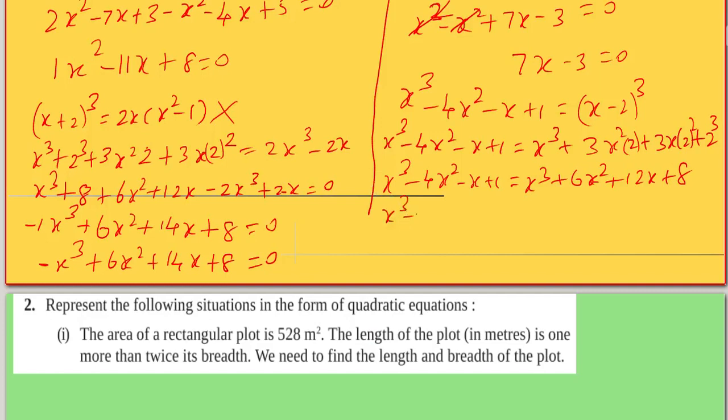So x cube minus 4x square minus x plus 1, and here it will be minus x cube plus 6x square minus 12x plus 8 equal to 0. So this x cube will get cancelled. The remaining will be minus 4x square plus 6x square.